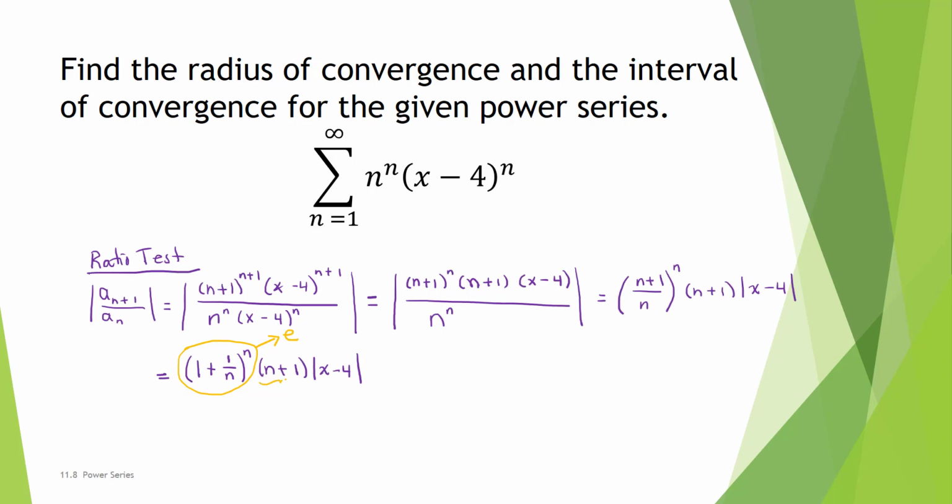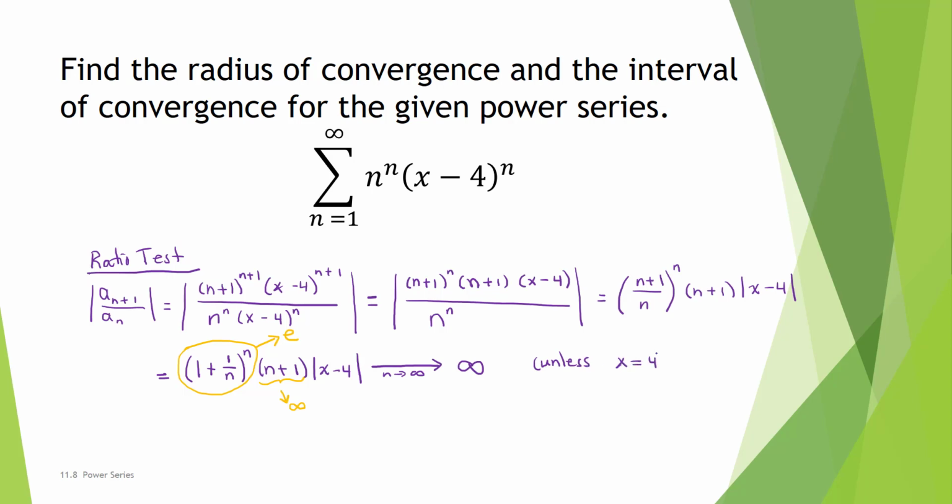The factor n plus 1 approaches infinity as n approaches infinity. So altogether, as n approaches infinity, our ratio approaches infinity, again unless the factor x minus 4 equals 0.